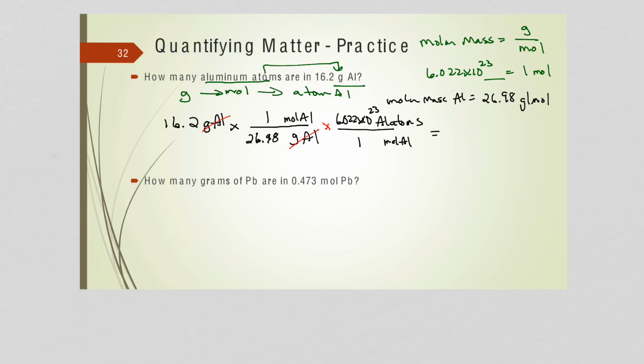My moles of aluminum cancel out, leaving me correctly with aluminum atoms as my final unit. So if I do the math, 16.2 divided by 26.98 times 6.022 times 10 to the 23rd, I get 3.62 times 10 to the 23rd aluminum atoms.